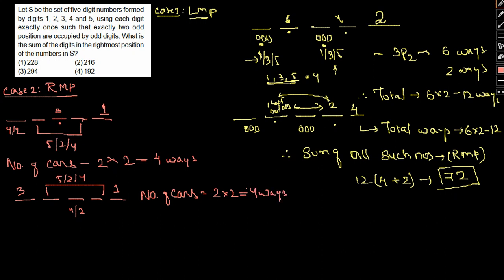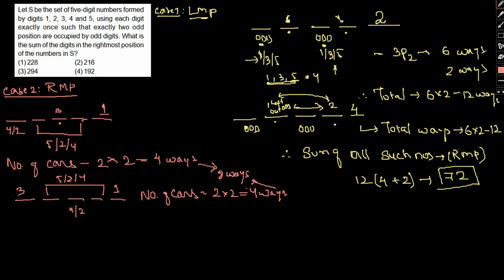Okay, so I hope this is clear. Now try and understand one thing. Okay, so there are basically 4 plus 4 total. We have in total 8 ways in which 1 and 3 are at the odd positions. Okay, so 1 and 3 in the odd position.